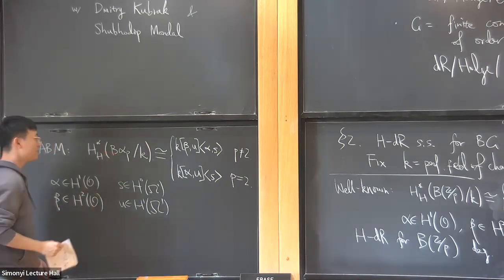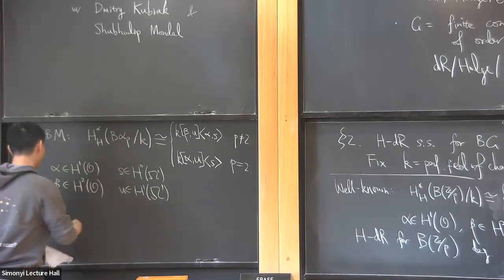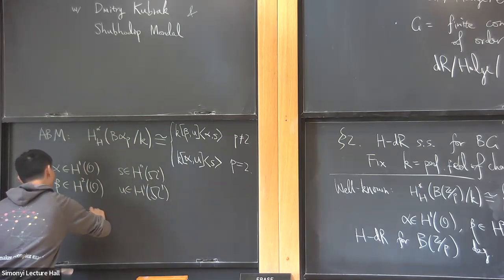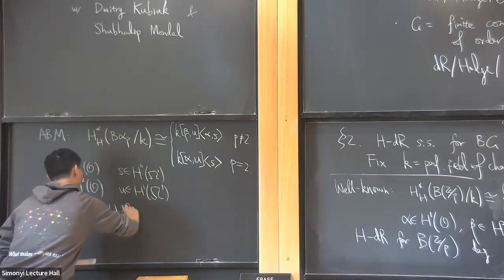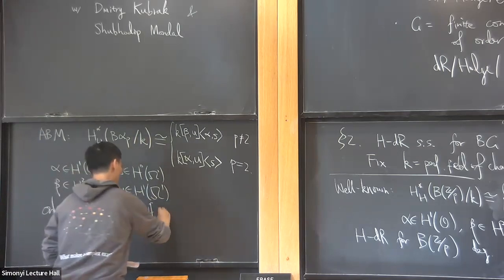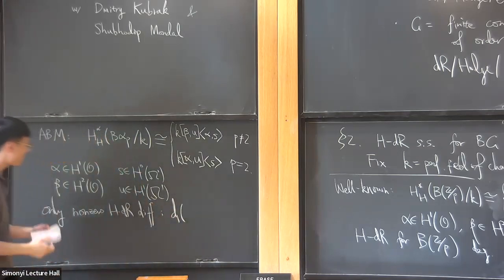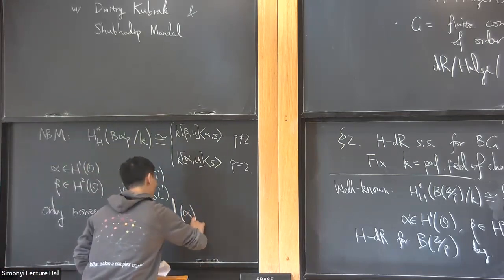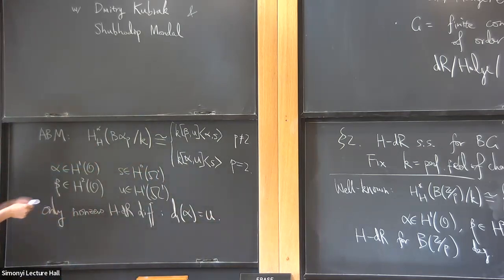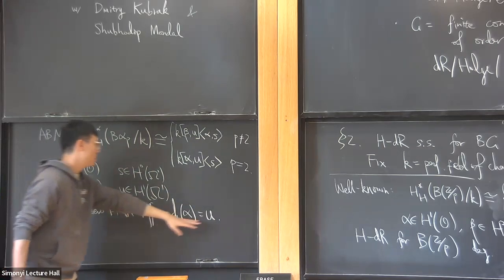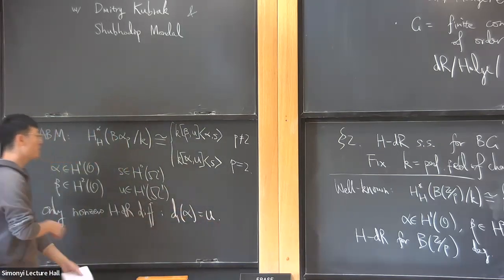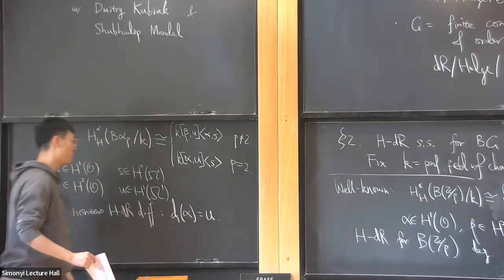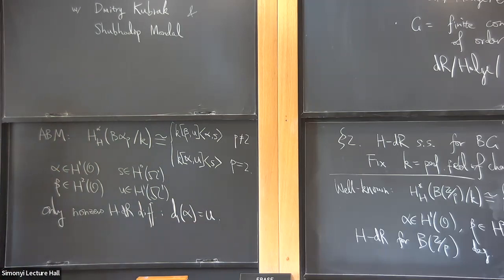Not only did they make this calculation, but they also show that there is only one non-zero Hodge to de Rham differential, which is that on the first page, d1 will send this class alpha to this class U. Once you know this is true, then after taking this into consideration, you will see that afterwards there is no room for non-zero Hodge to de Rham differentials.